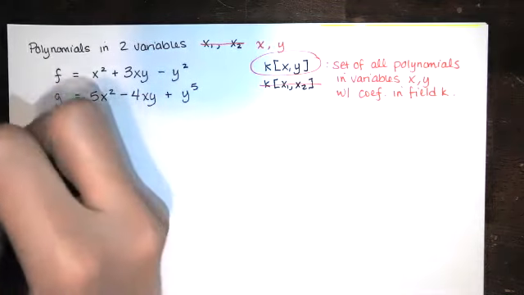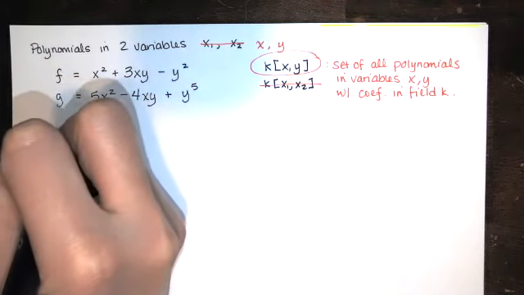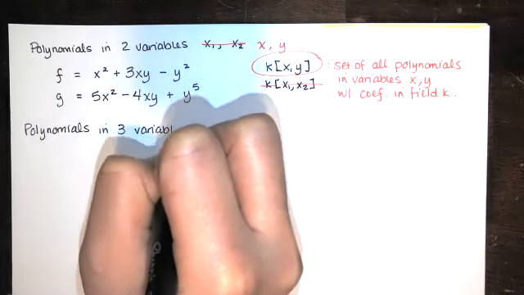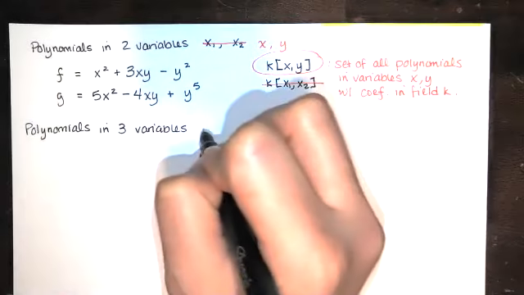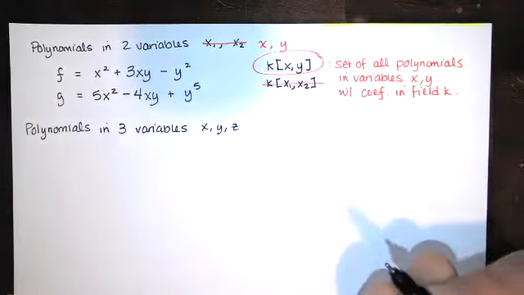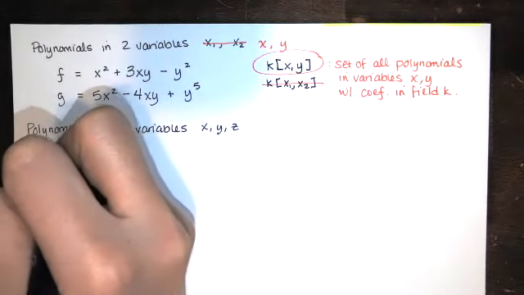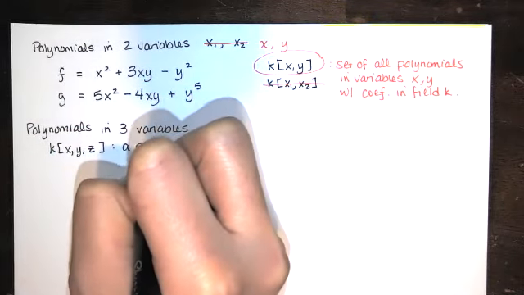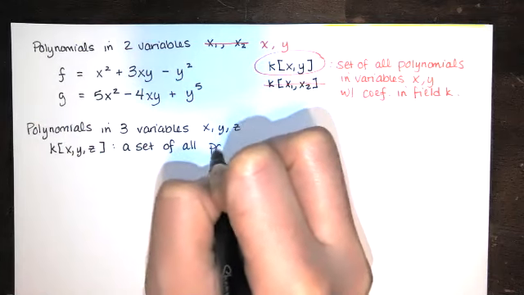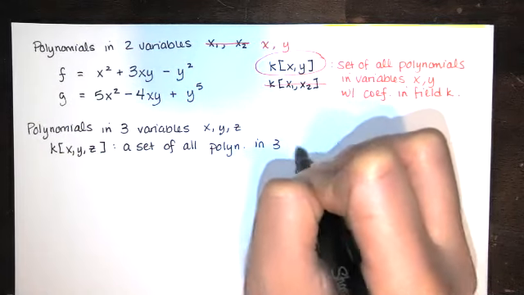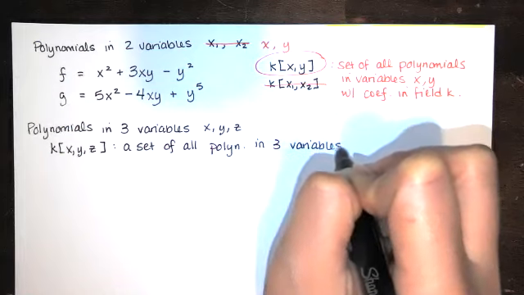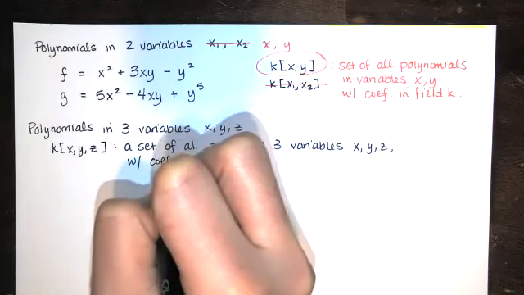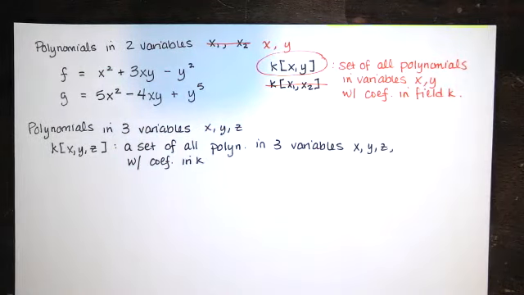And of course, for polynomials in 3 variables, rather than calling those 3 variables x sub 1, x sub 2, and x sub 3, we typically call those 3 variables x, y, and z. So the set of all polynomials in 3 variables x, y, and z with coefficients in k looks like this.